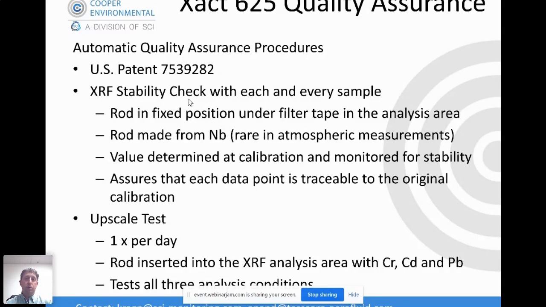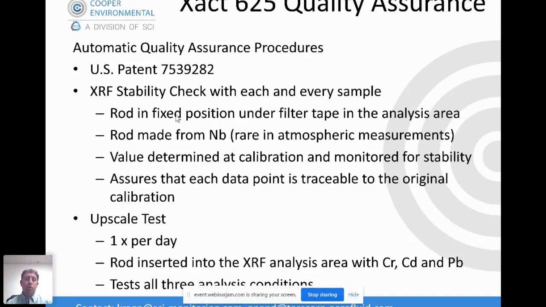The XRF stability check is done using a rod that is located in a fixed position underneath the filter tape in the XRF analysis area. The rod is made from niobium, and we choose that because it's a fairly rare element in the atmosphere.